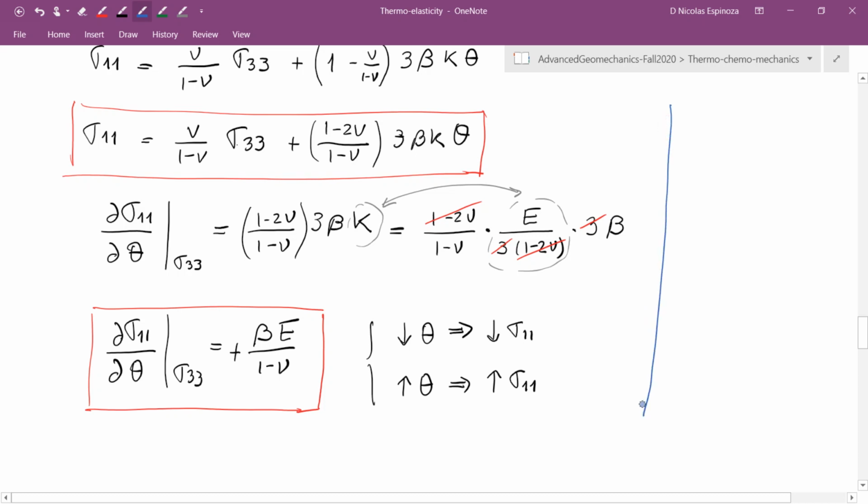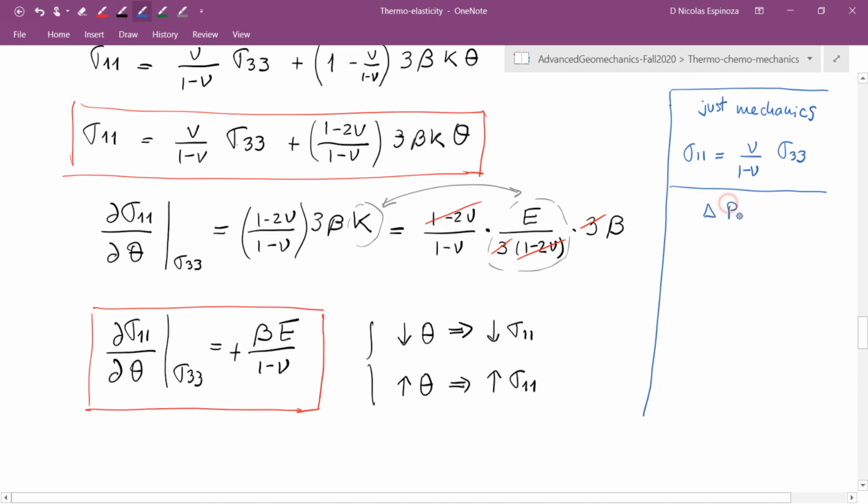If you remember, when we considered strain and deformation and just mechanics, we calculated that the effective horizontal stress, sigma 1,1, depends on the effective vertical stress through the effective lateral stress coefficient, which for linear elasticity depends on the Poisson ratio. That is our starting value.